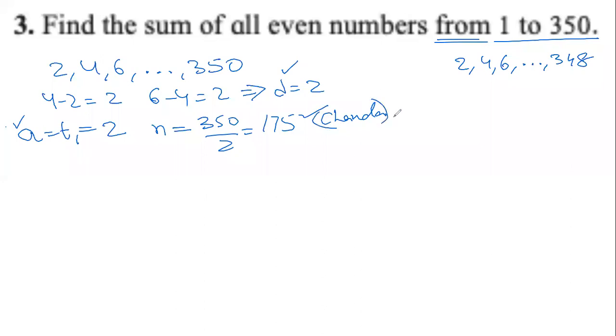Half of 350, as Satyam is saying. Now use the first formula and find out the answer. When you find the answer, you will take a picture of your notebook and send it to me on WhatsApp.